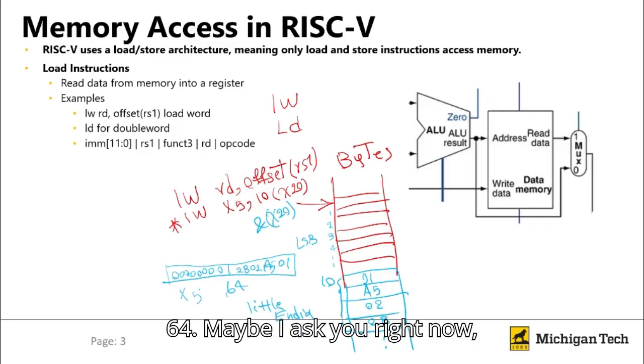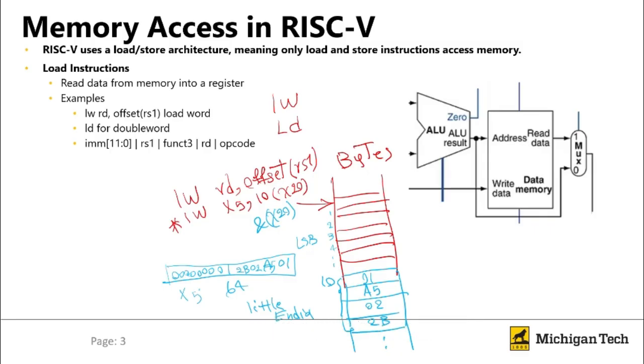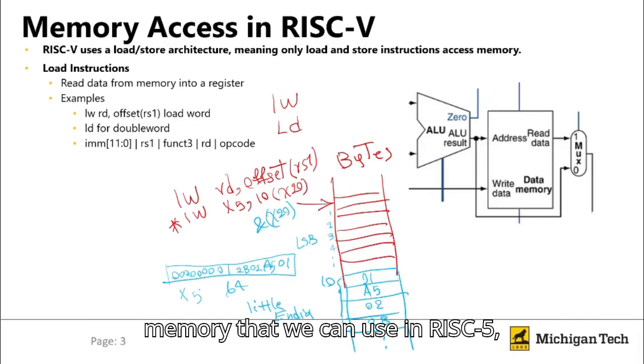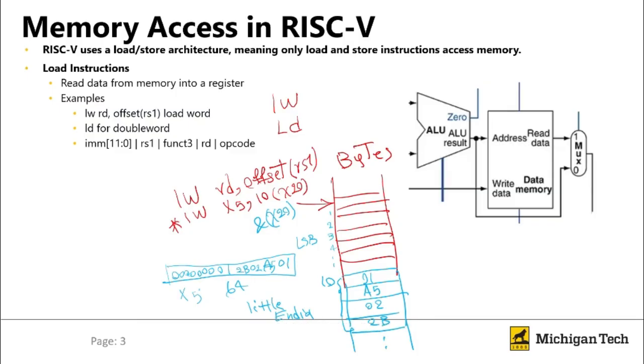Maybe I ask you right now, how big can this memory be? The maximum memory that we can use in RISC-V, how much is that? Because if the address can be 64 bits, you can have 2 power 64 bytes.